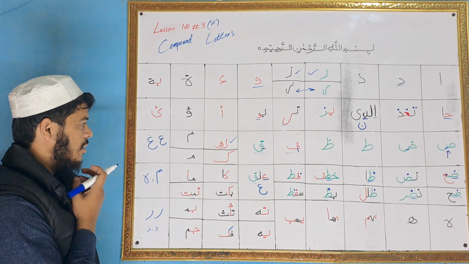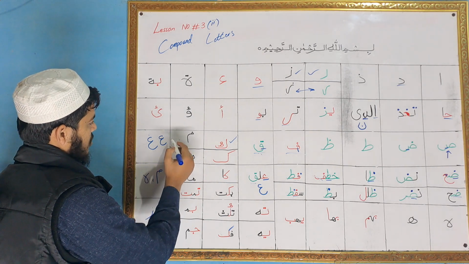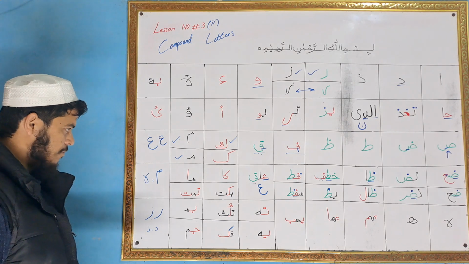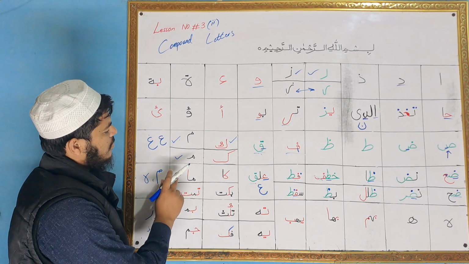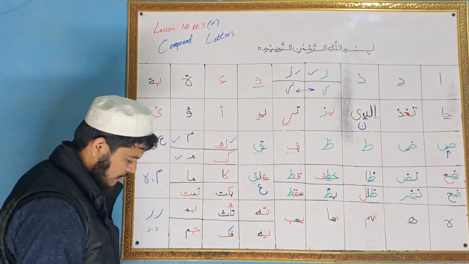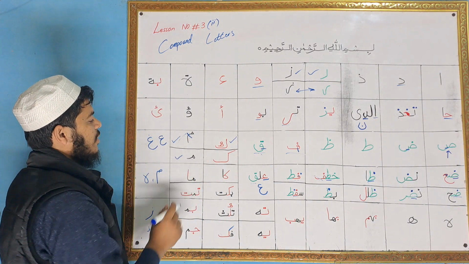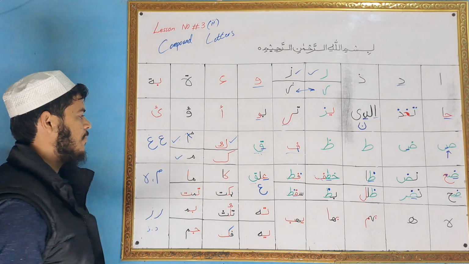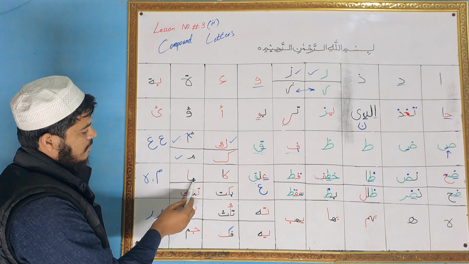Mim basically has two shapes as well. This is the one we discussed in the alphabets and this is the new one. So basically you can recognize this one as a part of it, like this one. This is Mim, this is kind of the same, a part of it.